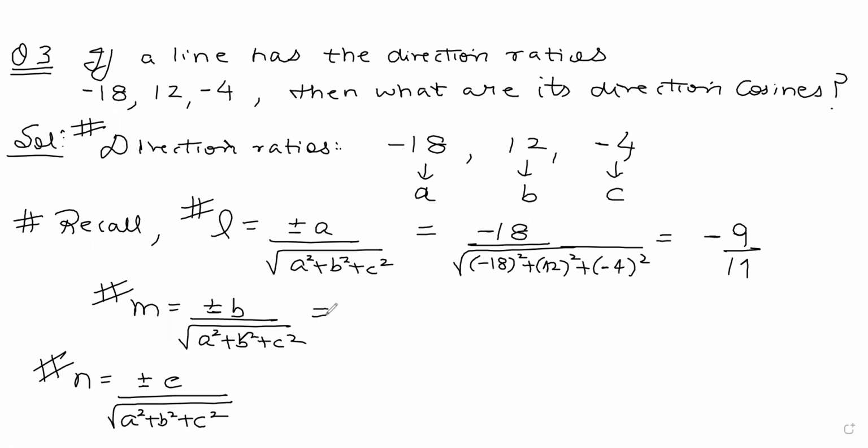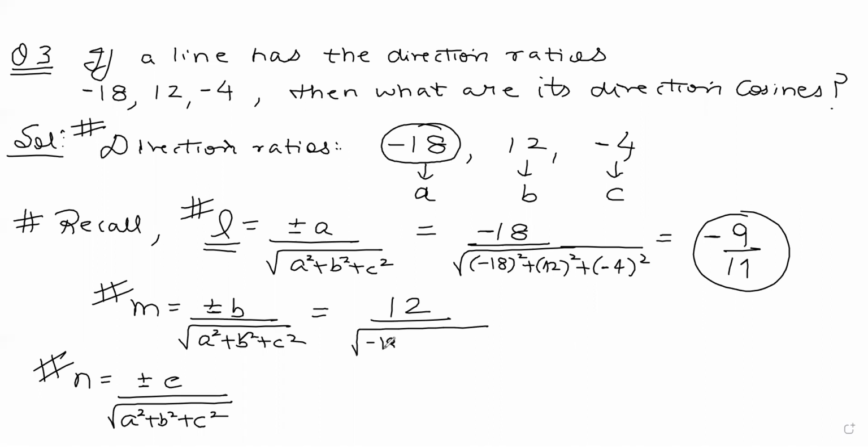Okay, you can clearly see since my direction ratio is negative, my L, which is my direction cosine, is also negative. M will be B. What is B? B is positive, so I take plus 12 upon square root of, again, minus 18 square plus 12 square plus minus 4 square. Again, it comes out as, you work it out, it comes out as 6 by 11.